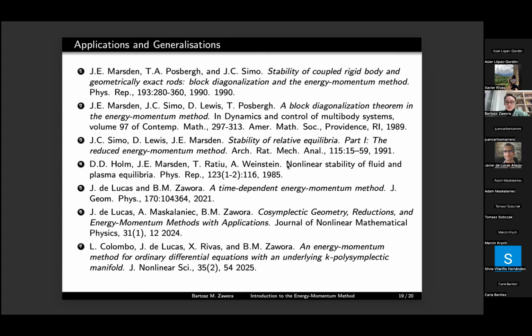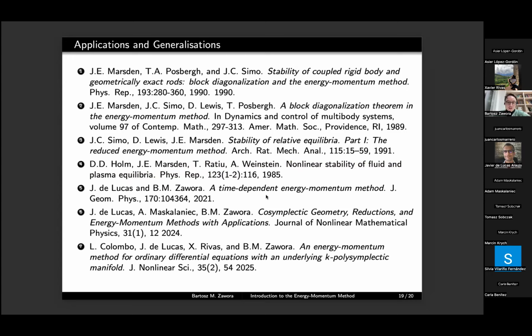In the paper on nonlinear stability of fluid and plasma equilibria, the authors proved the energy Casimir method even for infinite dimensional Hamiltonian systems, and they apply it to real examples that find application in clouds, in very complicated fluid systems.